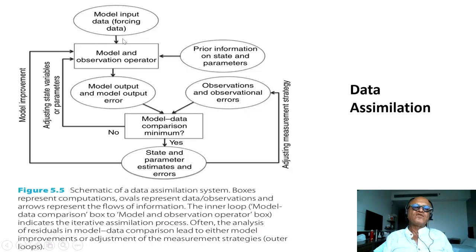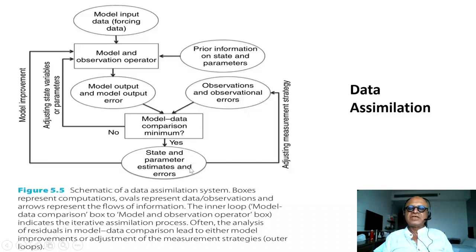So you can take the forcing again and combine the model and observation operator, and then take the model output and model output error and do a comparison and set a threshold. Typically a cost function is set, where you keep driving the cost function to a minimum. If not, you iterate. If yes, you go on to estimate parameters, model states, and errors.